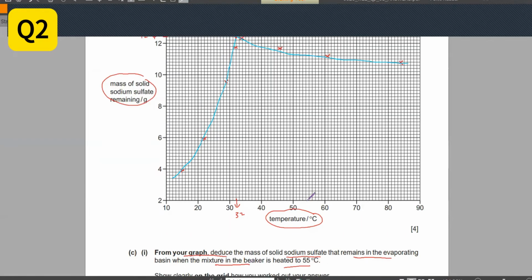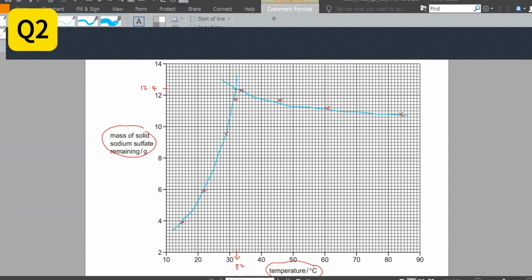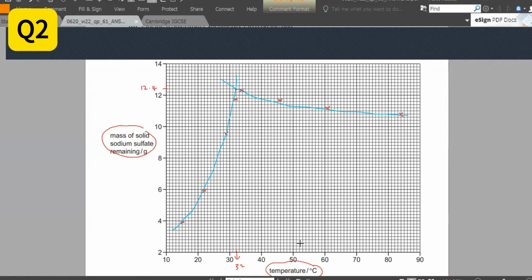For example, we didn't do the experiment at 55, but we can use the plot to predict what should happen at 55 degrees Celsius.